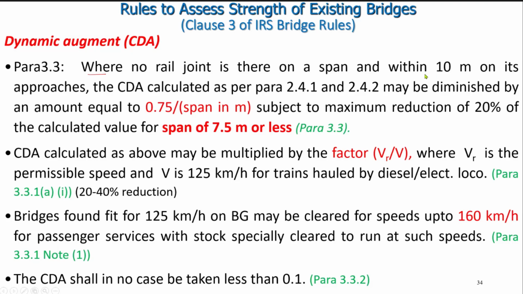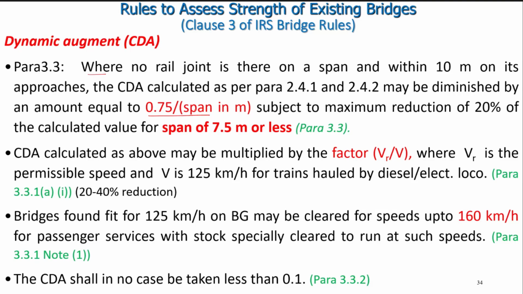Here para 3.3 says that for spans within 10 meters, the CDA may be reduced to 0.75 divided by span, that is, up to 10 meters.